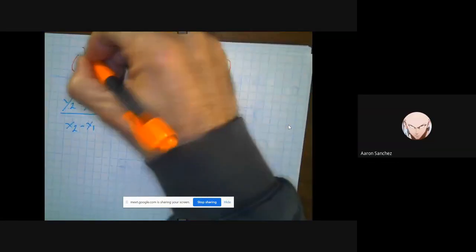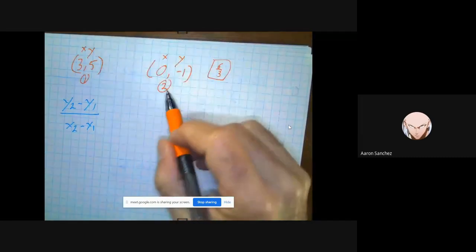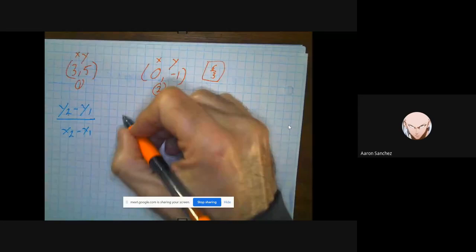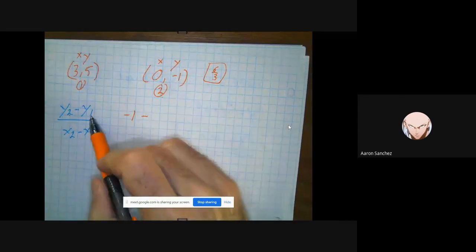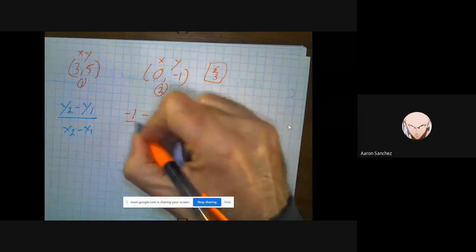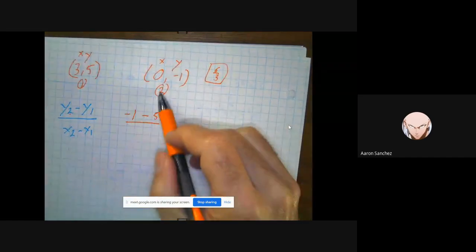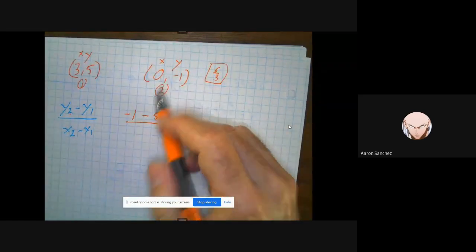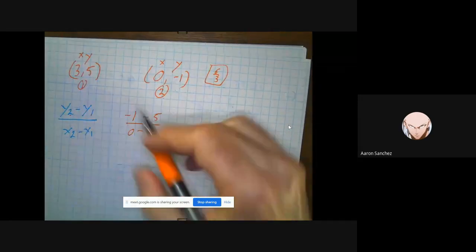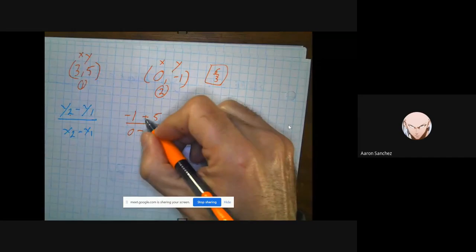Oh, okay. So you guys, right? We go y2, which is -1, minus y1, which is 5, all over x2, which is 0, minus x1, which is 3. Add the opposite.